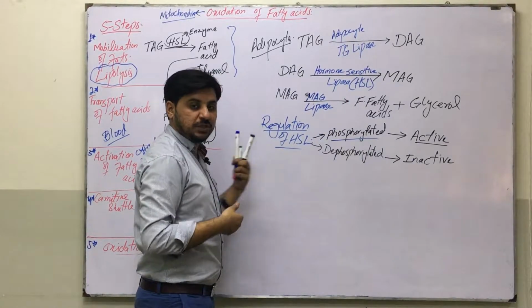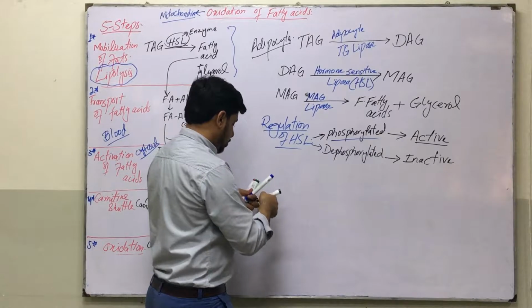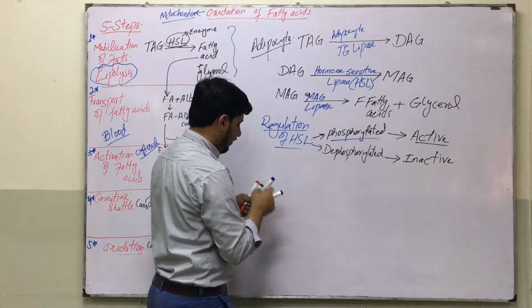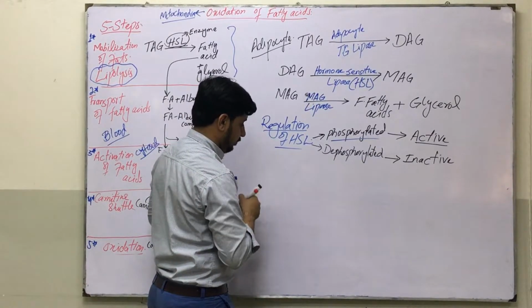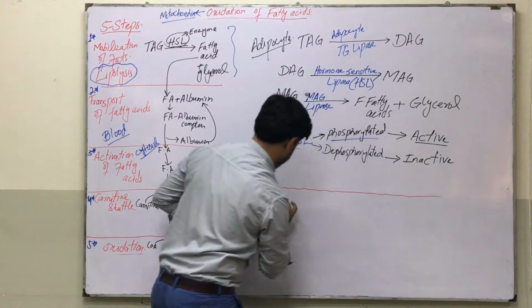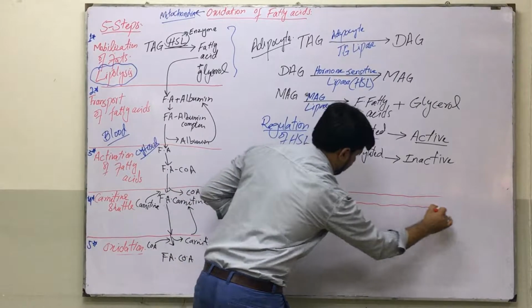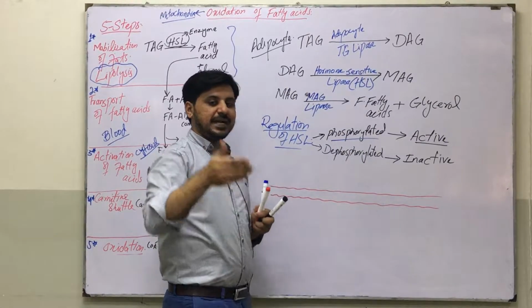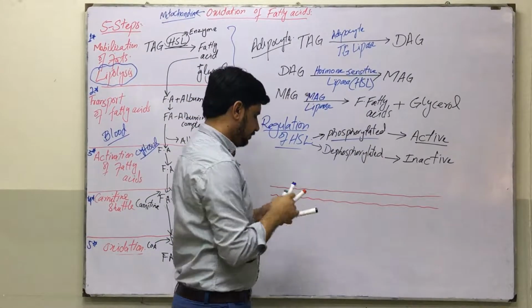So let me explain it with a diagrammatic representation. For example, here we have a cell membrane. This is the cell membrane, suppose. And we know very well that in the cell membrane we have receptors.